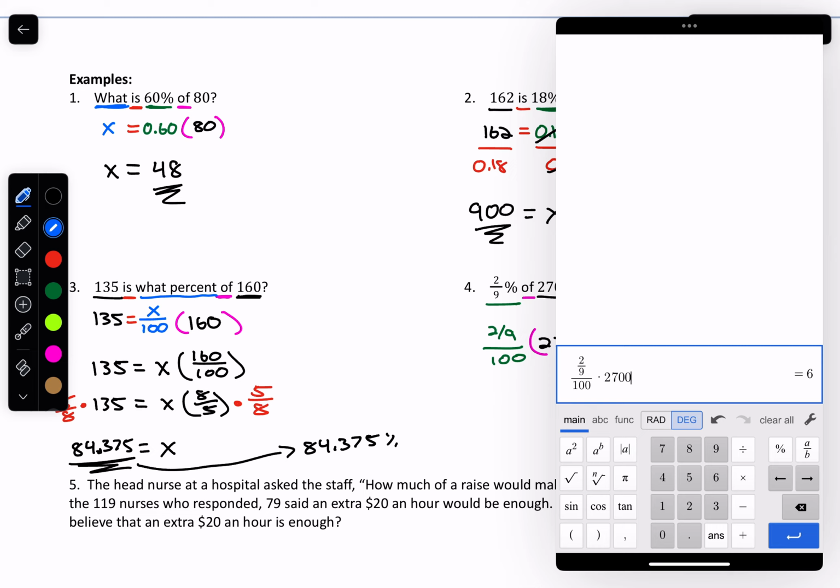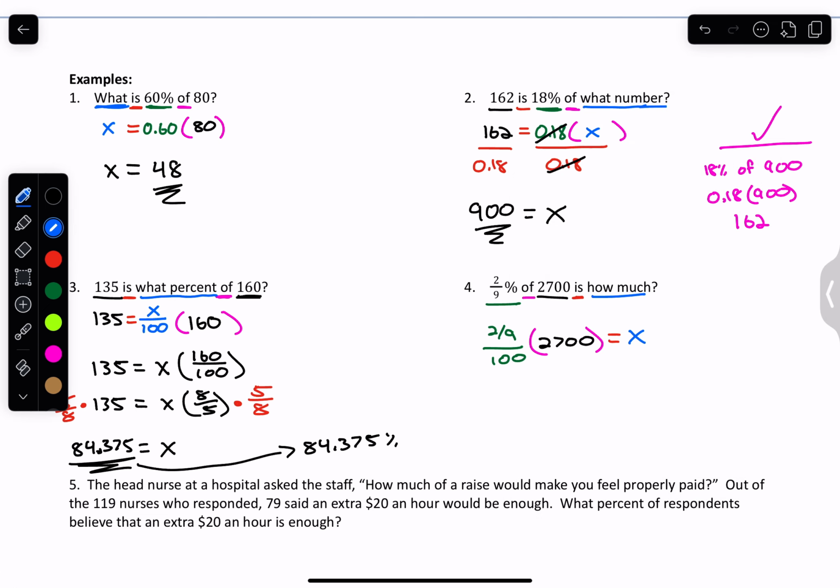Just make sure when you're using the calculator that you put the fractions in the correct places, the way you see that I did here. So we would say then that 2/9% of 2,700 is equal to 6.